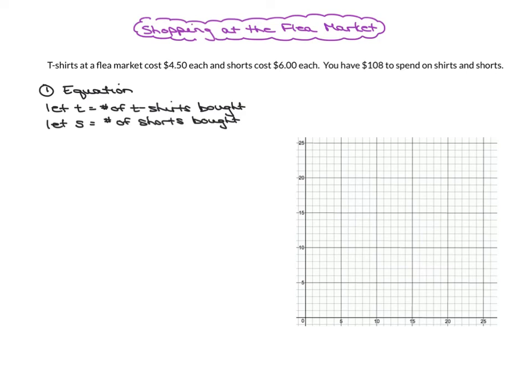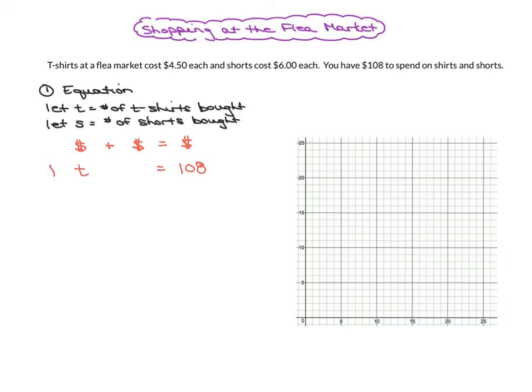For my equation, I know that I need the money that I spend on t-shirts combined with the money that I'm spending on shorts to equal the total money that I have to spend. All right, my total money is $108. For t-shirts, I need to convert the number of t-shirts that I buy into money.